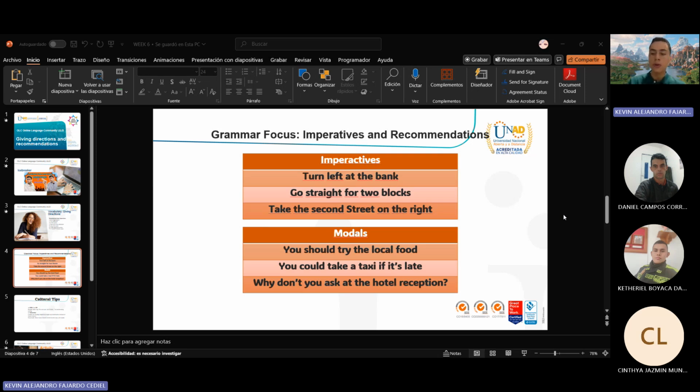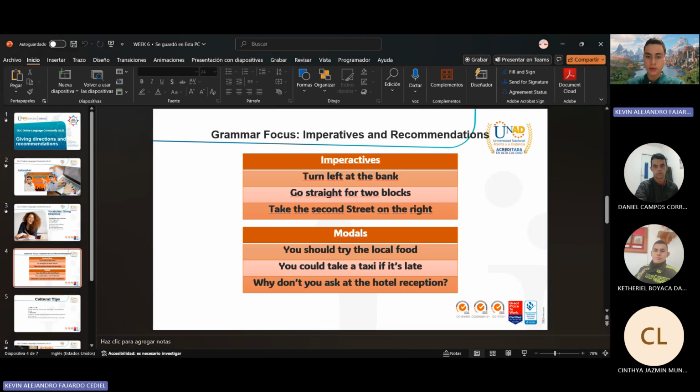That is why we use the imperatives for giving directions. Okay, so I'm thinking there are no more questions. It's all clear about why we use the imperatives.